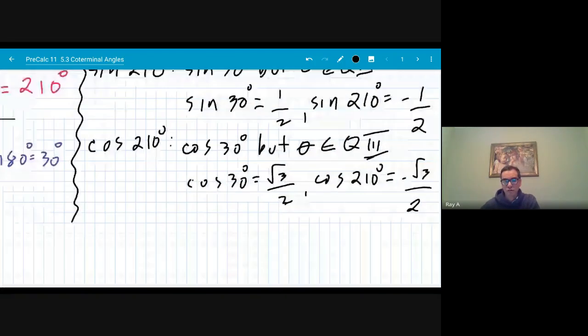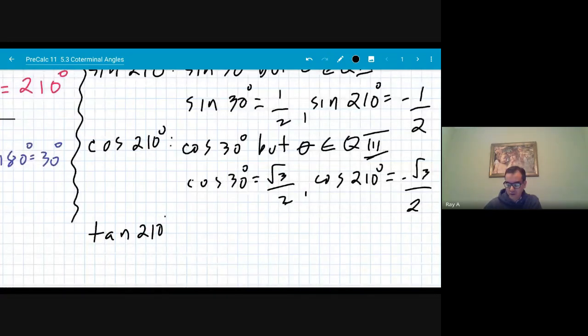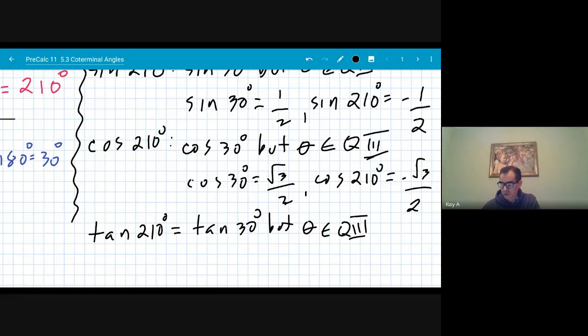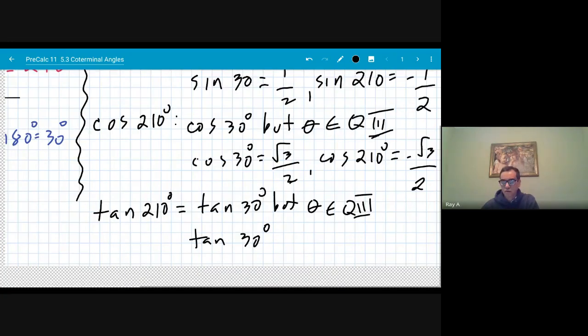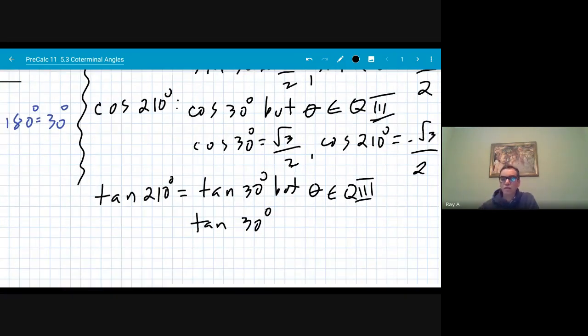Now, the last one is for us to get the tangent of 210. The tangent of 210 is really the same as the tangent of 30 degrees, but in quadrant 3. Now, the tangent of 30 degrees is opposite over adjacent, or sine over cosine.